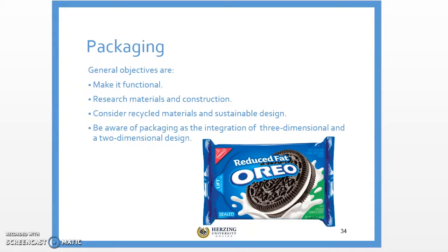Research materials and construction to come up with adhesive that is going to be used over time and still be adhesive and still safe for the product. Consider recycled materials, sustainable design. Beware of packaging as the integration of three-dimensional and two-dimensional designs.